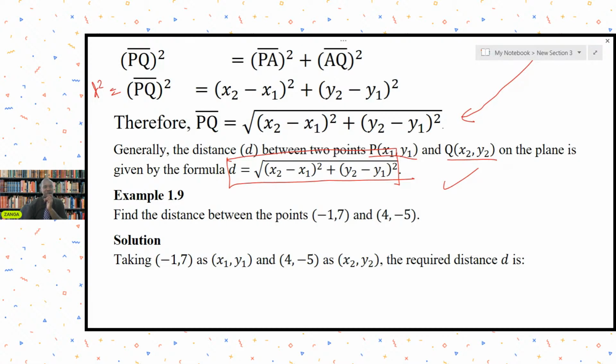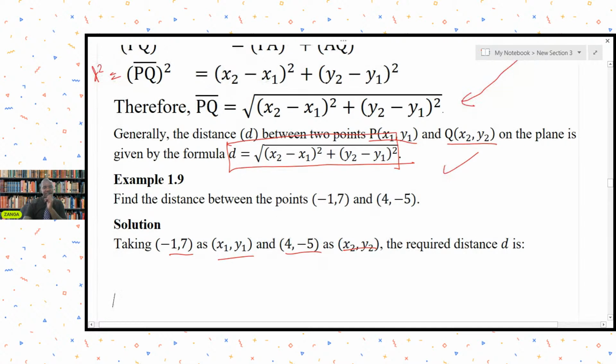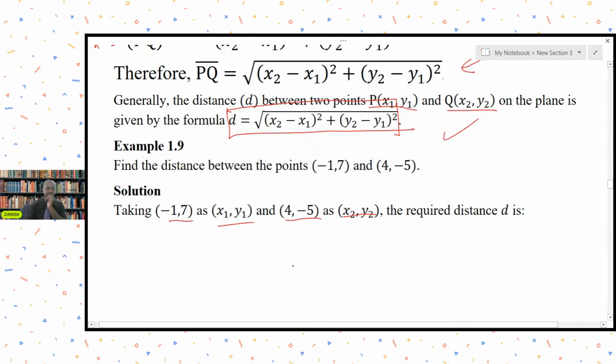Find the distance between points (-1, 7) and (4, -5). So in the solution, we are going to assume that we'll be taking (-1, 7) as (x1, y1) and (4, -5) as (x2, y2), and we are supposed to find the distance. So distance, according to the formula we have, is square root of (x2 minus x1) square plus (y2 minus y1) square.